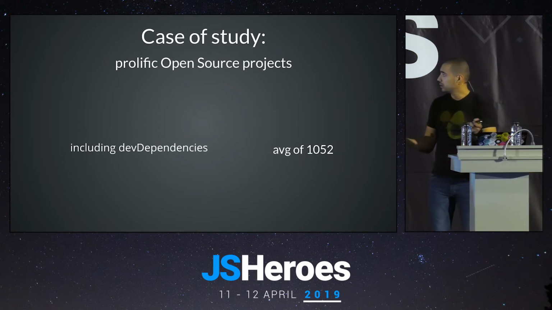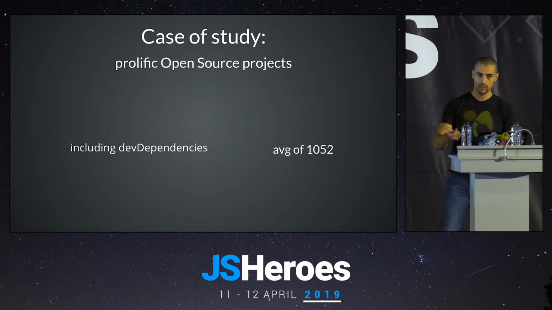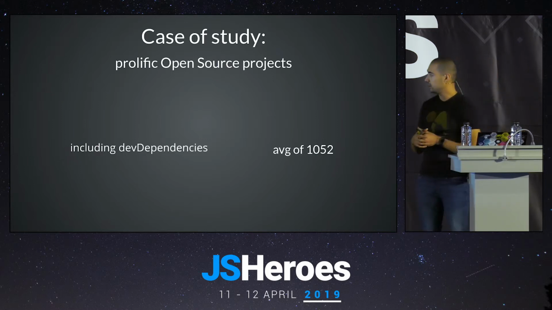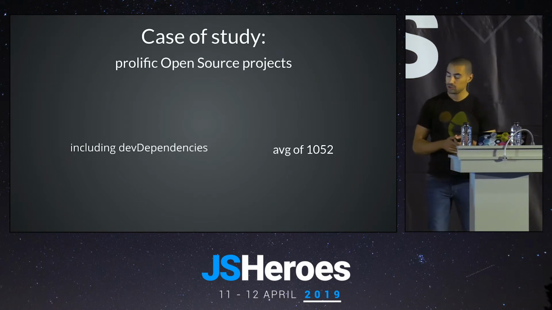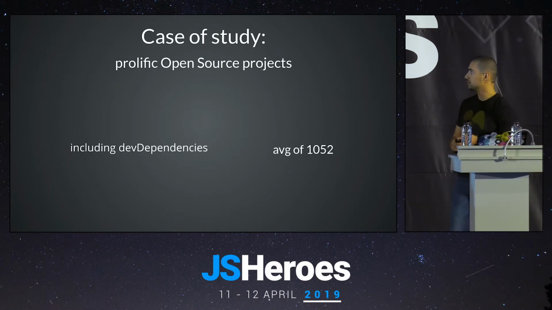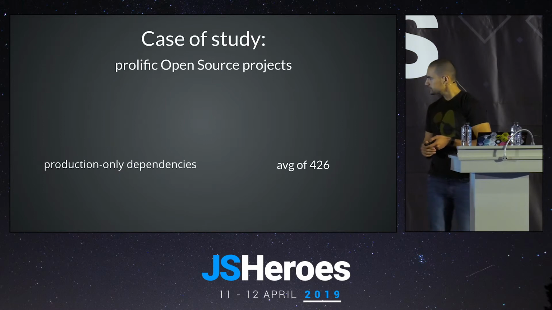So I grabbed some prolific open source projects like Renovate, Greenkeeper itself, Spectrum, Keystone.js, and a couple more that we're using and solving a problem in the real world. So the average dependency tree size jumped to 1,052. But if you go to production-only dependencies, that goes down to 426.